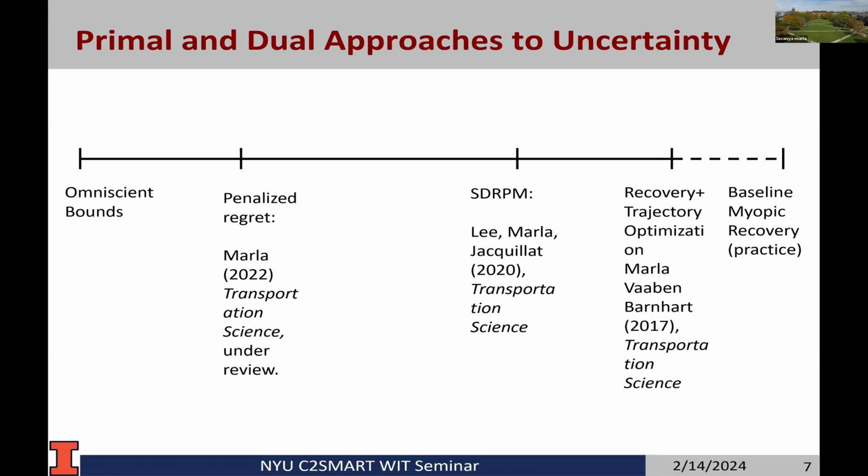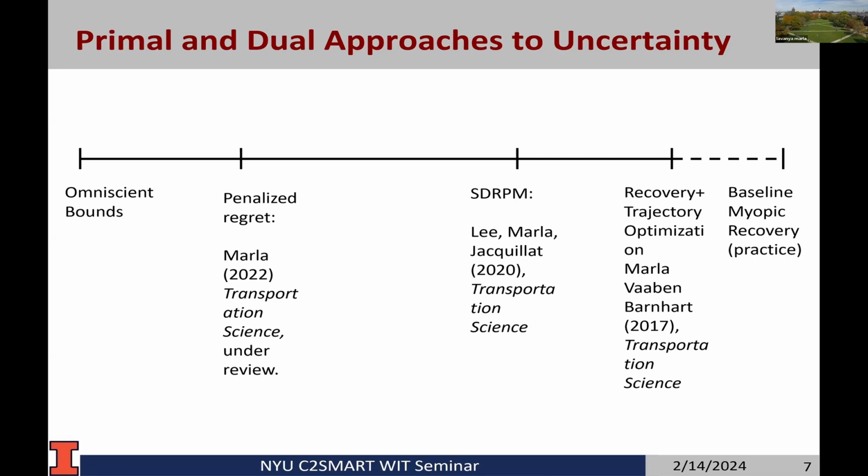On the other hand, if I knew the entire future, perhaps I would get this, but that's a bound. That's a regret bound often used in the machine learning world. But of course, we'll never know the future perfectly. So we come up with another model, called penalized regret, which says, assuming I can only know predictions about the future, how well can I do? That's an information-based bound.